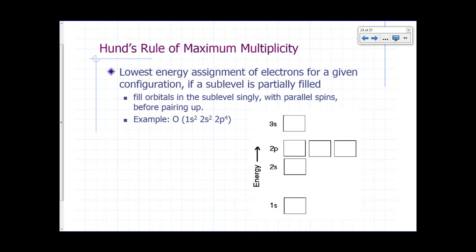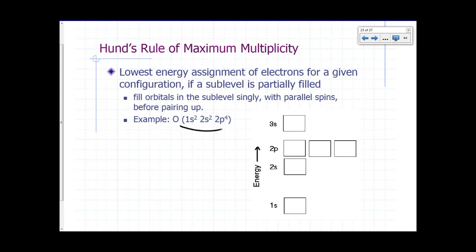Well, Hund's rule says not all of those ways correspond to the lowest possible energy. Some of those ways would correspond to a lower energy assignment of electrons, so it will give you a more stable atom. And the one that has the lowest energy is one where you spread out the electrons first with parallel spins before you pair them up.